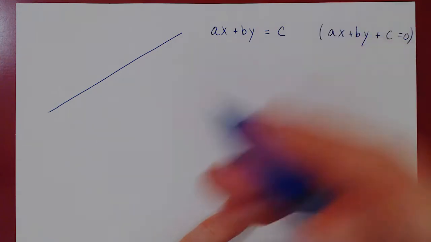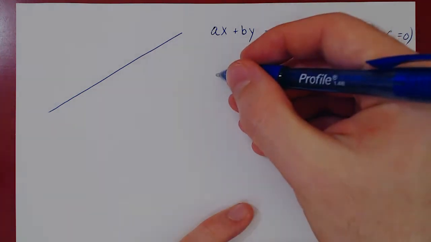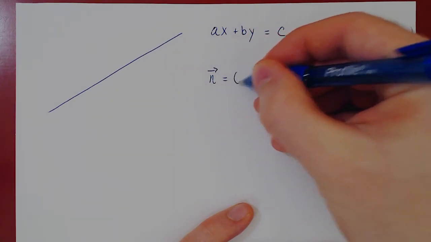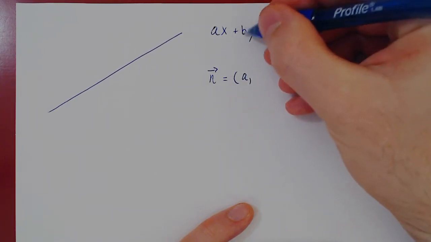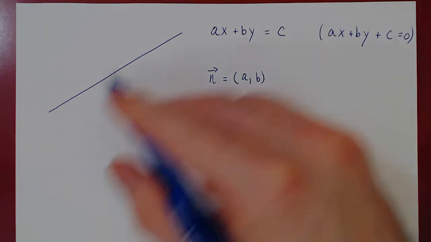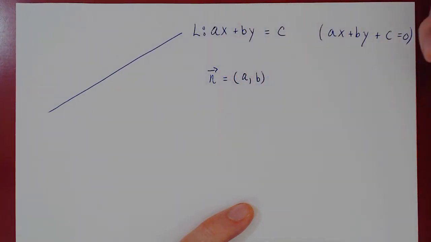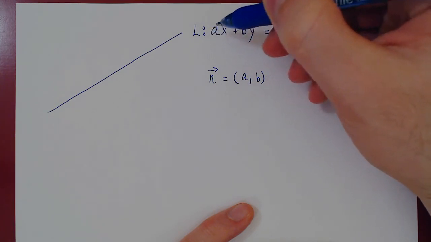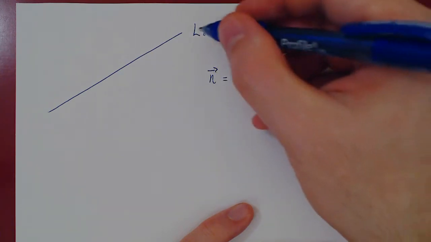Here's the following little fact that is very easy to prove, but really useful. The vector n, given by a being the first coordinate, b the second coordinate, has a very special relationship to the actual line L. We can give this line a name, we can call it L. The colon means that what follows is the equation of the given line.